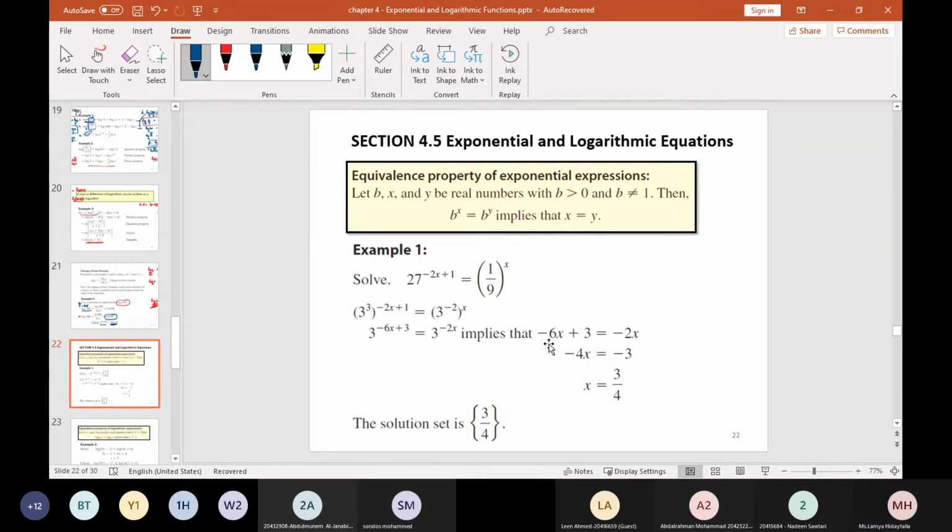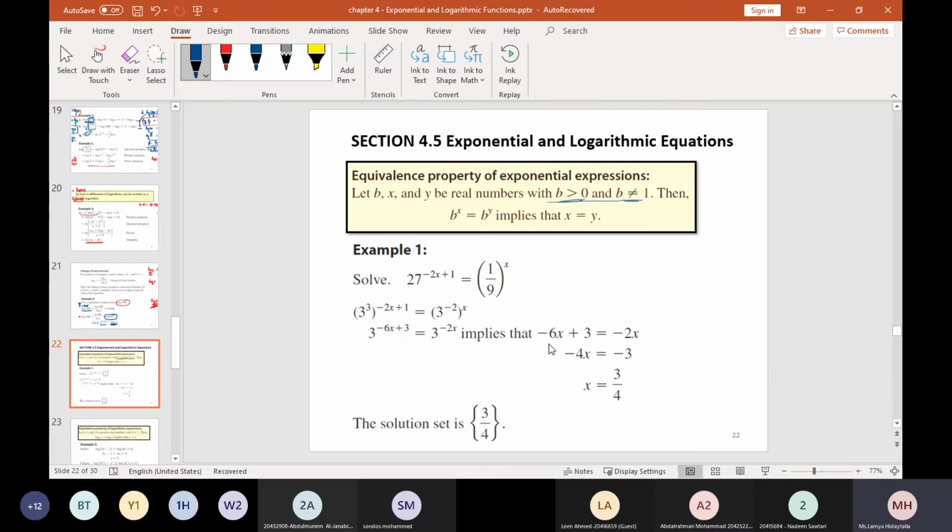Now let b, x and y be real numbers with b greater than 0 and b not equal to 1. Always, if we have an exponential function, we know that the base is greater than 0 and not equal to 1.